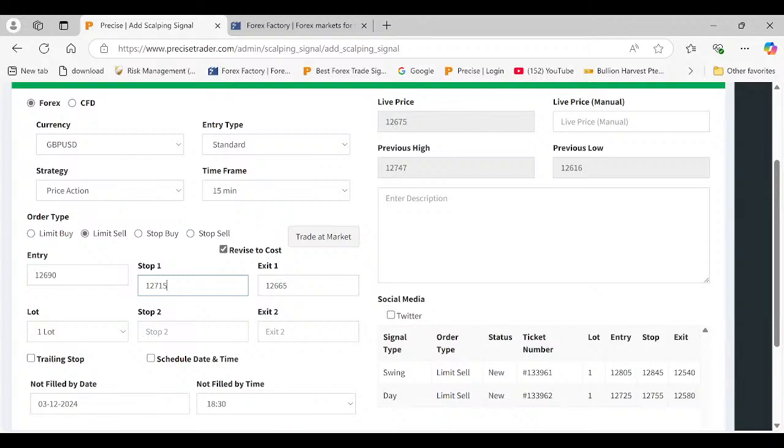And the stop we will put at 25 pips, and the TP we will put at 40 or 45. That means we will go for range trading on this.